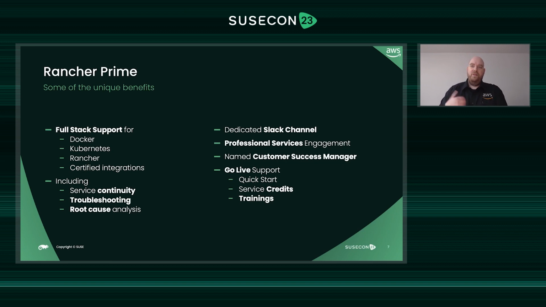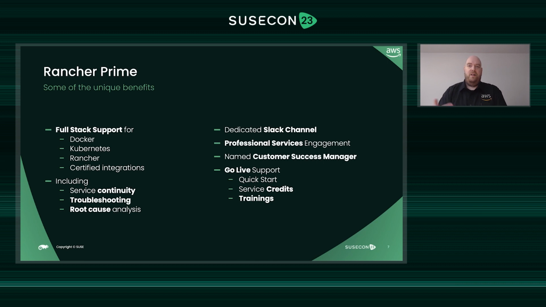This includes, for example, technical support, which not just covers Rancher itself, but also the underlying container and Kubernetes stack, and a large range of certified integrations. The SUSE support team will assist to keep your business running, to troubleshoot issues, and optionally work with you on root cause analysis to define corrective actions.